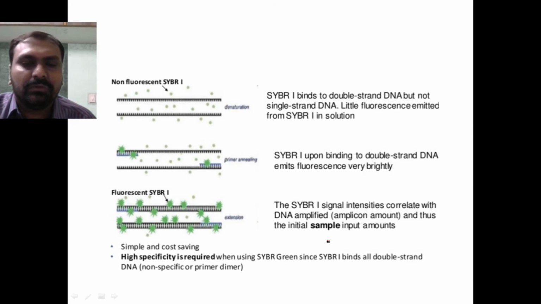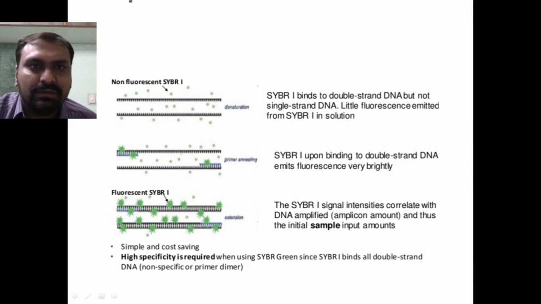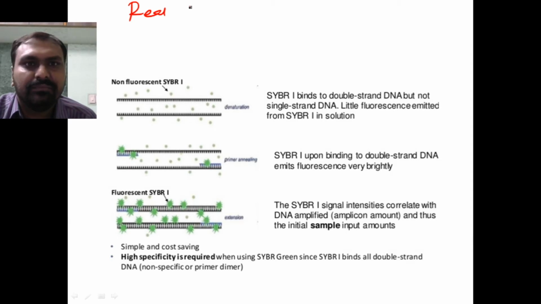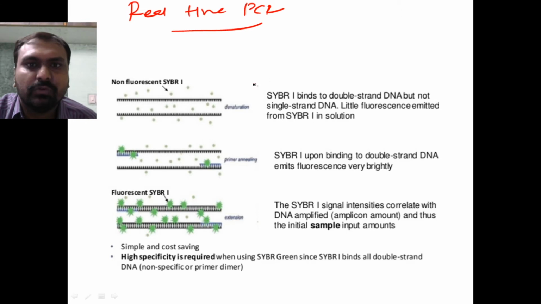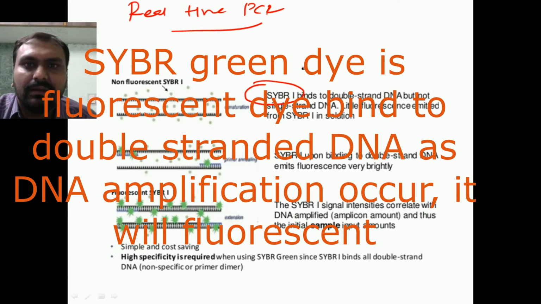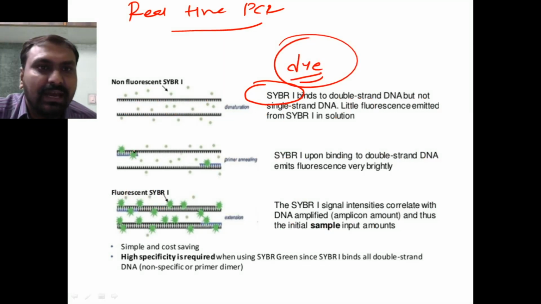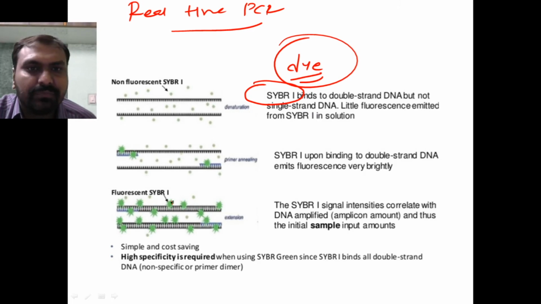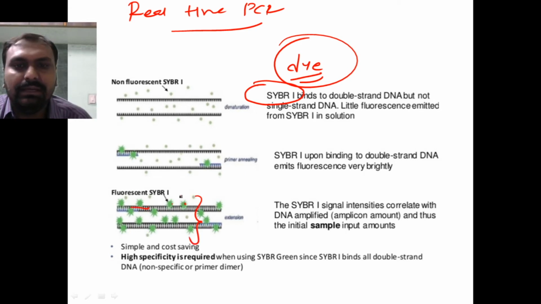There are different types of detection in real time PCR. One is the use of SYBR Green dye. What is the speciality of this dye? It is an intercalating dye, so it will bind only to double stranded DNA.